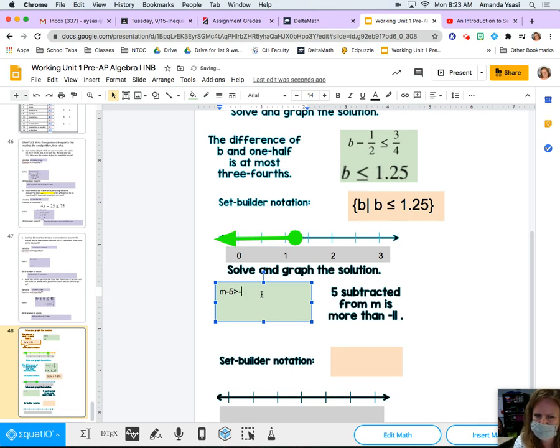Greater than negative 11. Make this a little bit bigger. So then we add 5 to both sides. So M is greater than what? Negative 6.